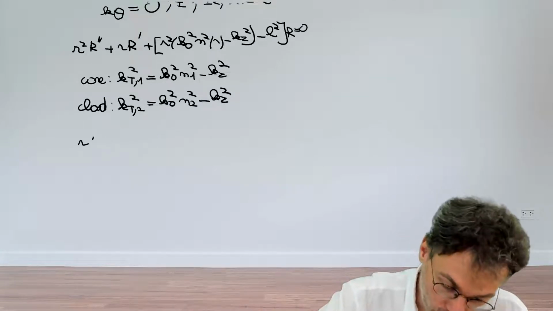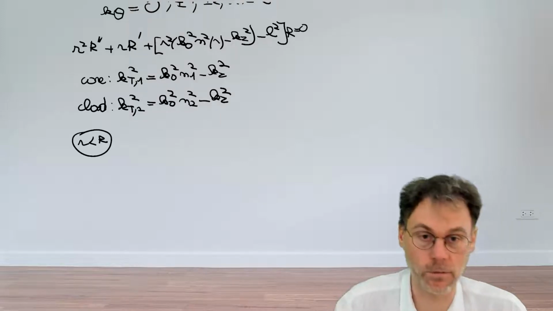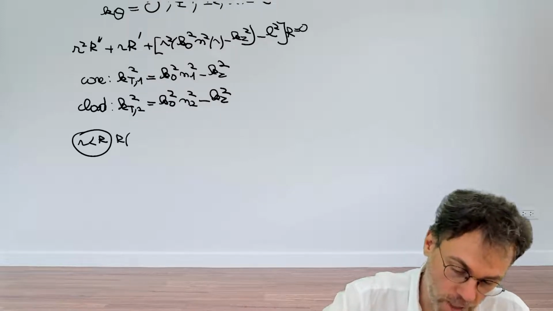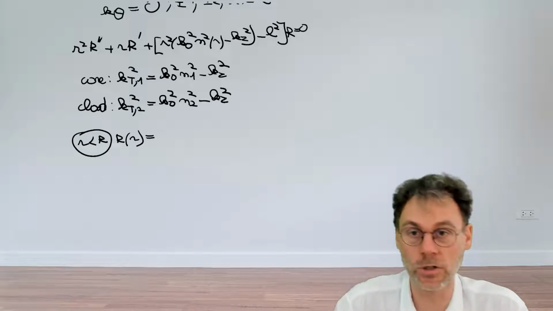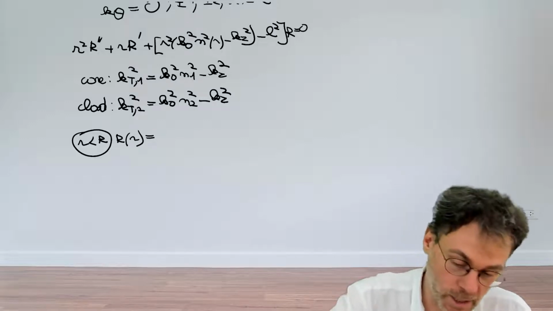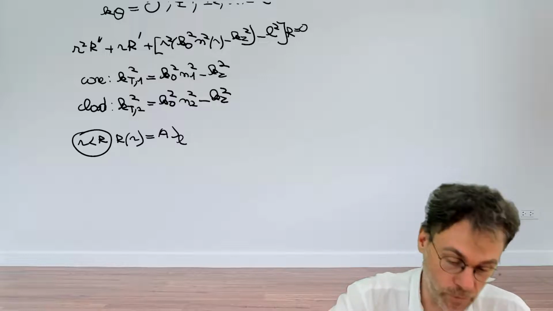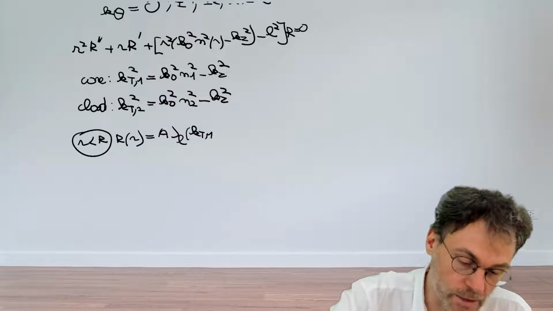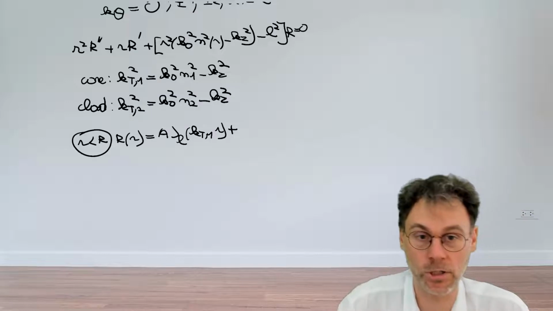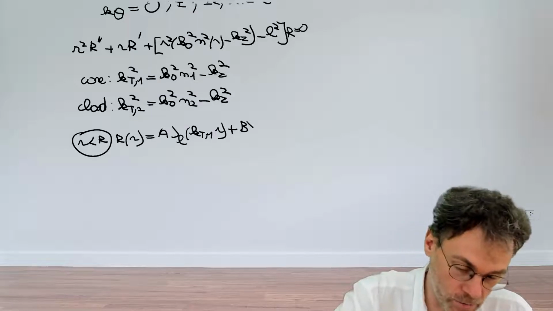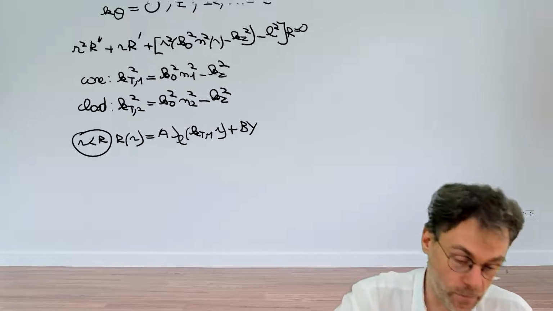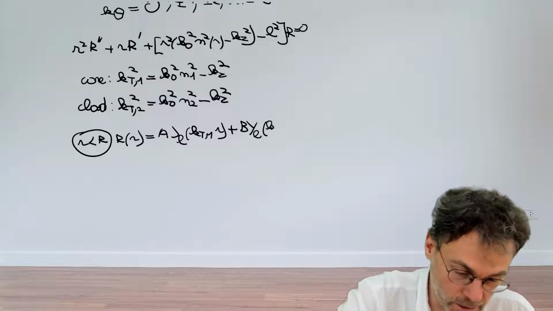So in the core, one might propose to say that the most general solution of the R dependence is a linear combination of Bessel function of the first kind of order L, kt1r, plus then a second term, which is the Bessel function of the second kind.